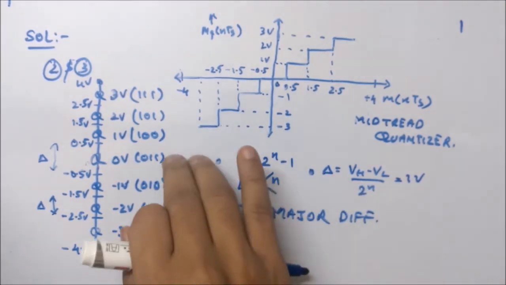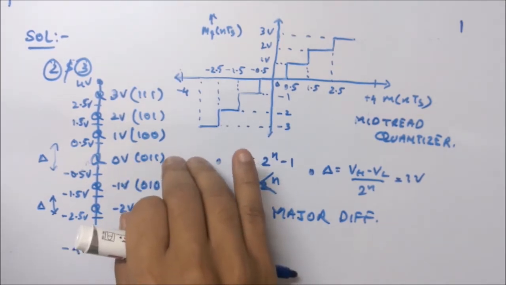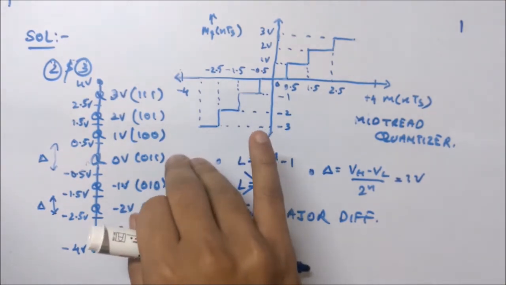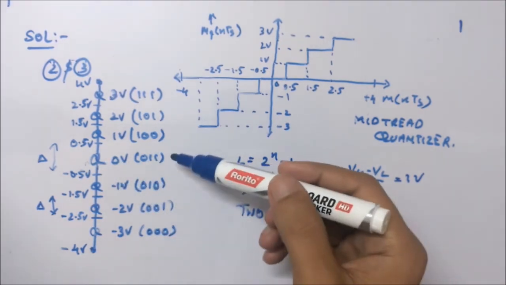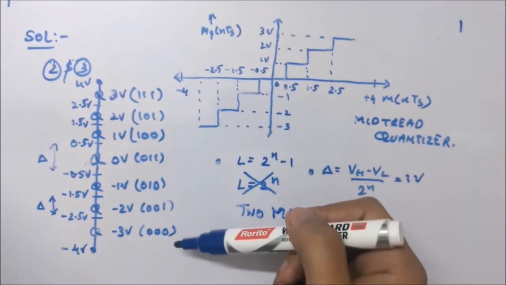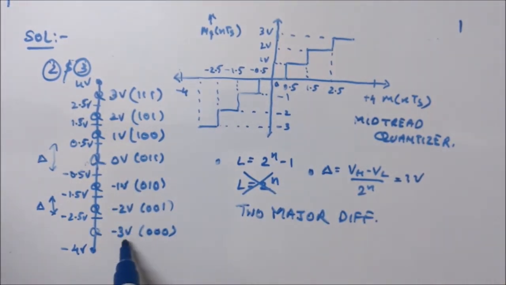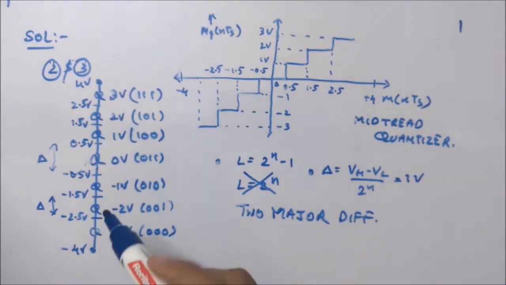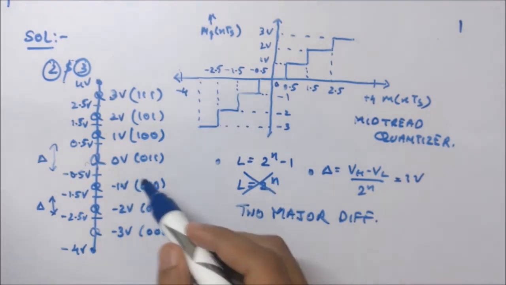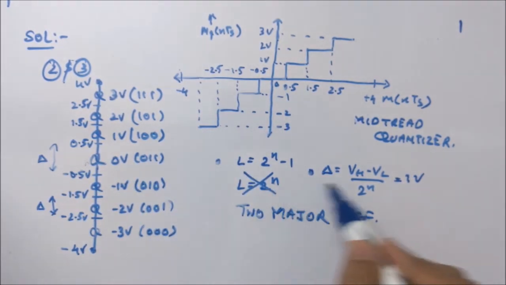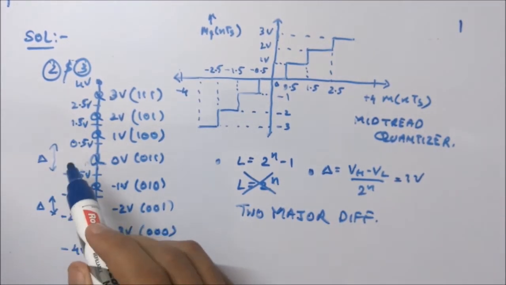One is 0 volt, 3 are above 0 volt and 3 below 0 volt. So the quantized levels are -1, -2, -3 volt, and here 1, 2, 3 volt. It's a bit complicated, but you have to keep track that L will not be equal to 2 to the power n, and delta will be the same, and you start with 0 volt, then you will be able to realize.